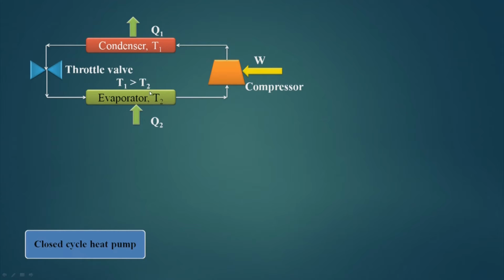Here T1 is greater than T2. That means we are taking heat from a lower temperature and rejecting it at a higher temperature. This is against the natural flow of heat, which moves from a higher temperature to a lower temperature, and hence for this reverse flow of heat we have to spend energy for this purpose.